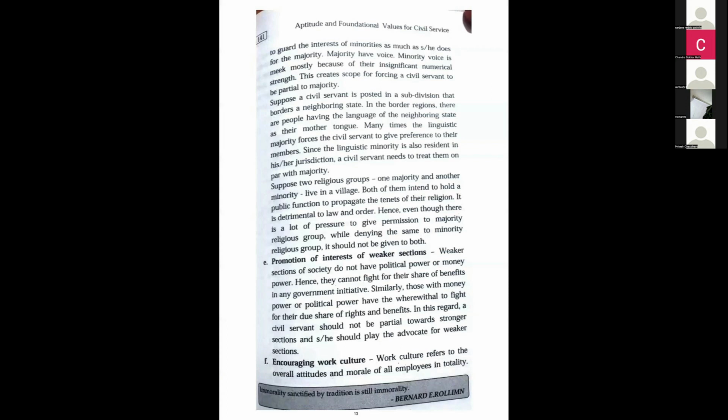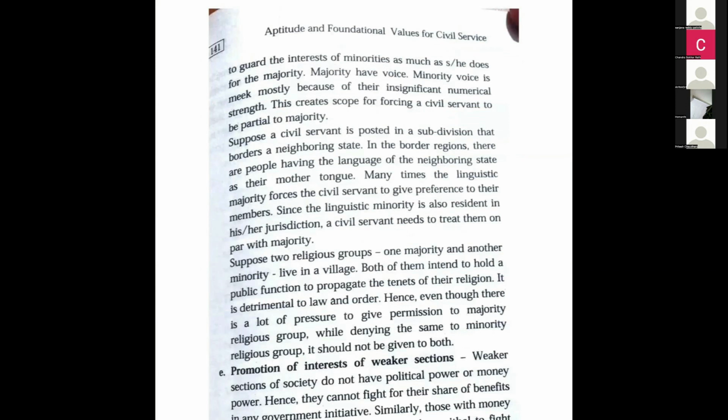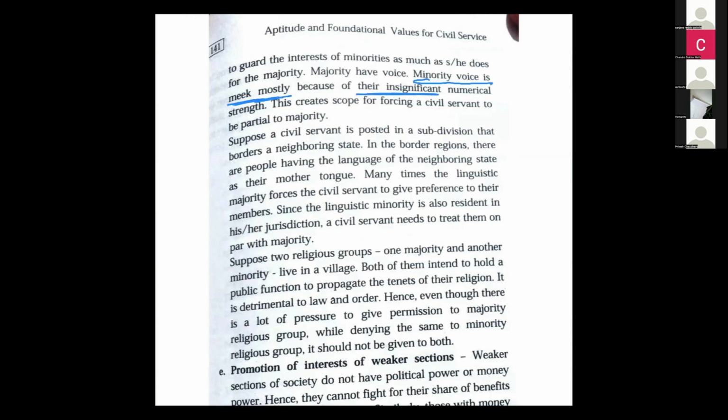The majority has a voice, but the minority voice remains insignificant, so you have to work for them. Minority voice is weak because of their insignificant numerical strength. This creates scope for forcing a civil servant to be partial to the majority. You should not do this.